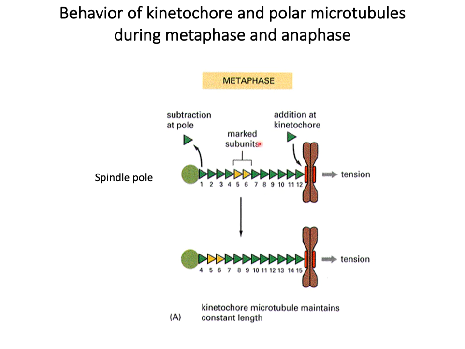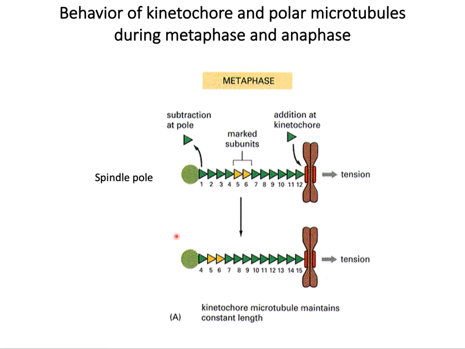The treadmilling is going on. So you are getting constant addition at the plus end, and it is the plus end that is interacting with the kinetochore region. And you are getting constant subtraction at the minus end. And we have seen this before when we discussed microtubules.